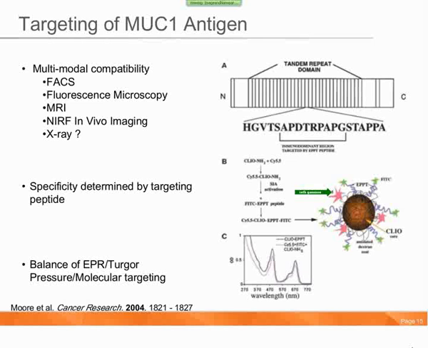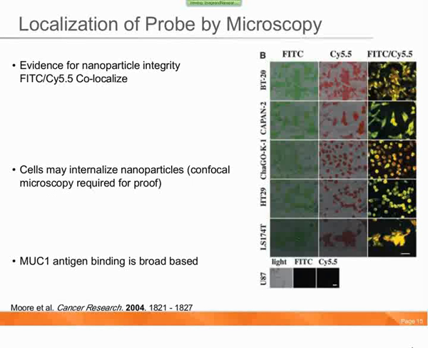The control cells, however, were not labeled with them. Looking at these images, it looks like there are areas of internalization of these nanoparticles. However, one would need confocal microscopy to really prove that these were in fact on the interior of the cells. What's important for this study is that the MUC1 antigen is very broad-based, so you can see it in cell lines such as CAPAN-2s as well as HT29s.